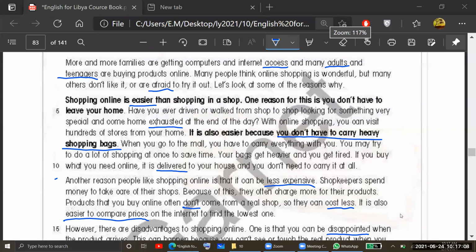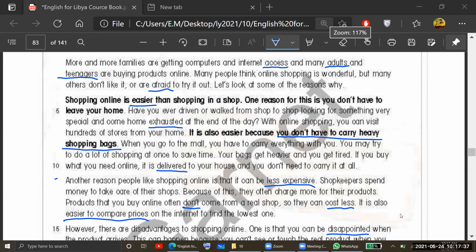What's the meaning of refund? It means you get your money back for the thing you bought if you don't like it or it got damaged. For example, you buy a computer game or some toy and you find it broken. You return it to them and say, hey, look, I received it broken, and they can refund you.